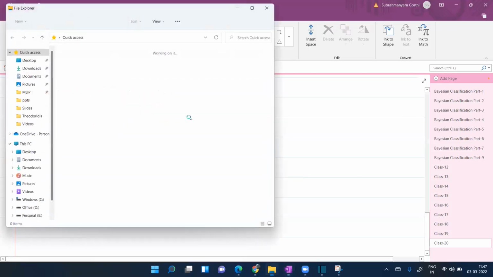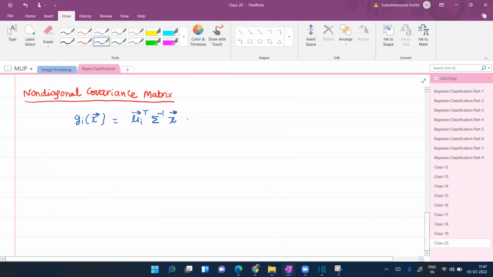Let me first write and then I'll explain. Plus natural logarithm of probability of omega i. And minus 1/2 into mu i bar whole transpose into sigma inverse into mu i bar.